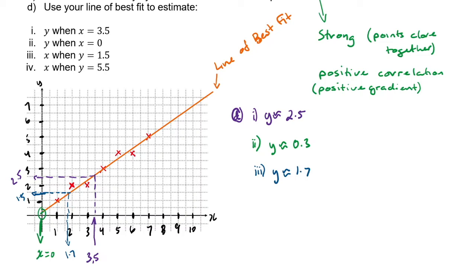All right. Last one. Part iv, we want x when y equals 5.5. So we go up to where 5.5 is, and we come across. Now, if we have drawn this line past our dots, this should be fairly simple.